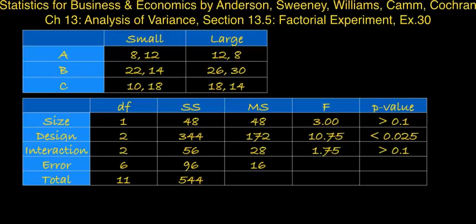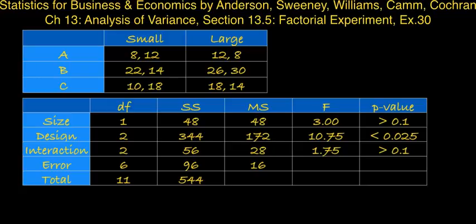And then the interaction degrees of freedom, if we multiply the size degrees of freedom by the design degrees of freedom, 1 times 2, we get 2 for the interaction degrees of freedom. And then the error degrees of freedom is what's left over. 11 minus 1 minus 2 minus 2 comes to 6.